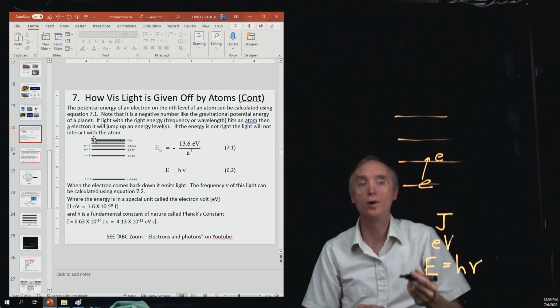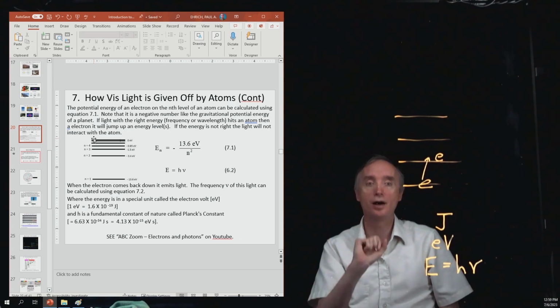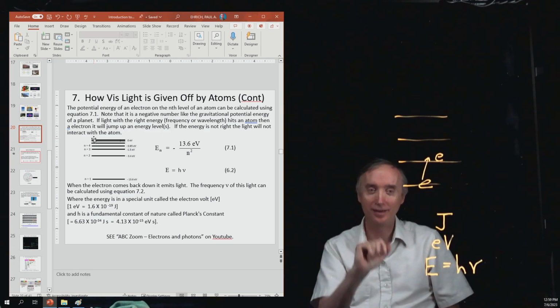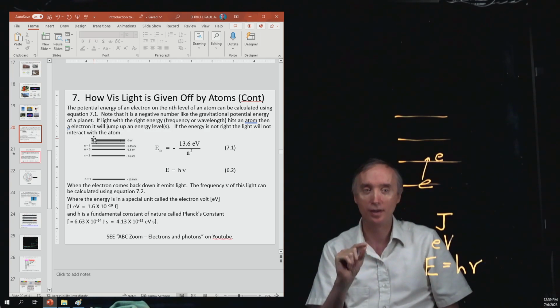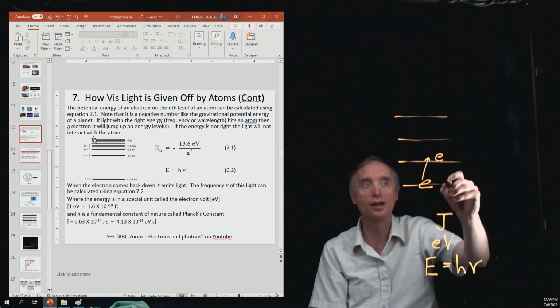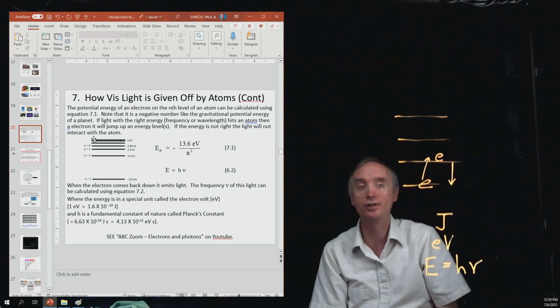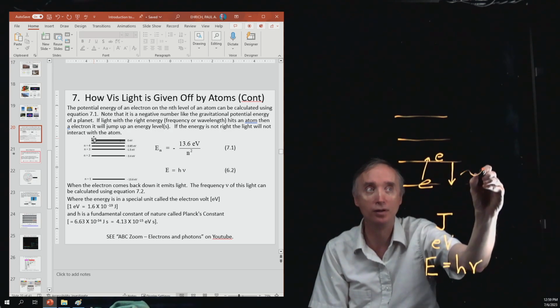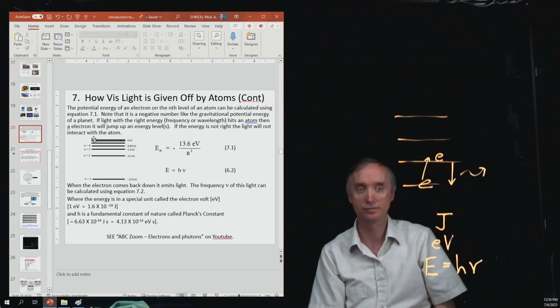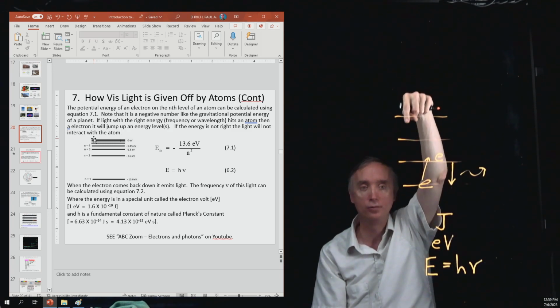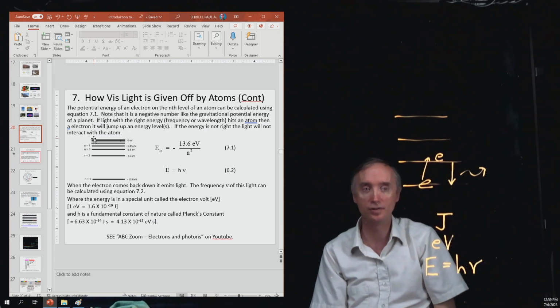When it goes up, it absorbs energy. Say that with me: when it goes up, it's going to absorb energy. When the electron goes back down, it's going to emit energy in the form of light. When it comes down, it's going to emit energy.